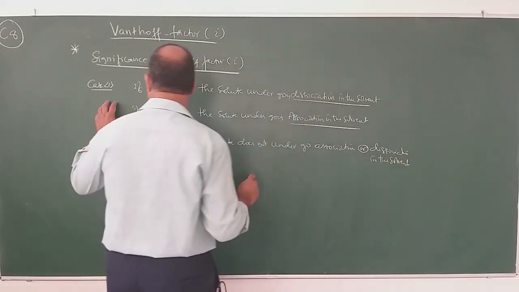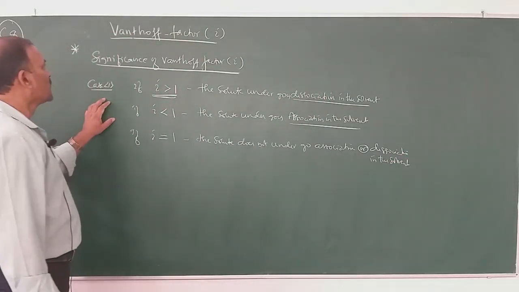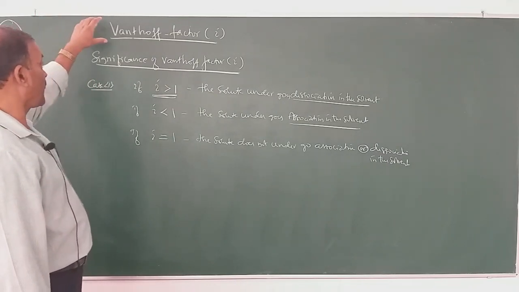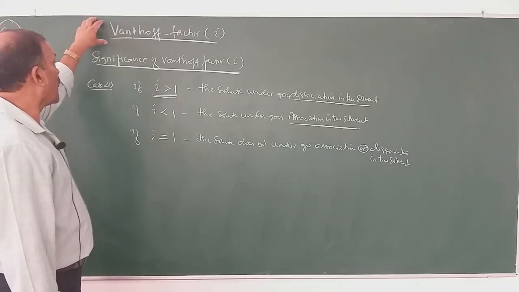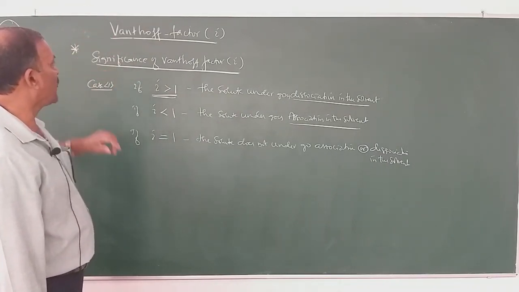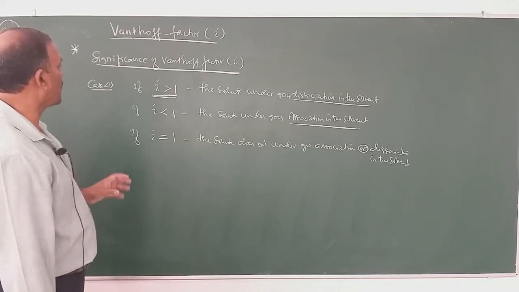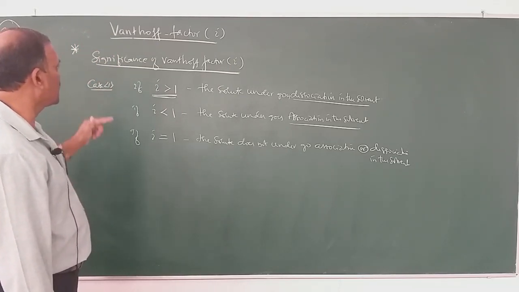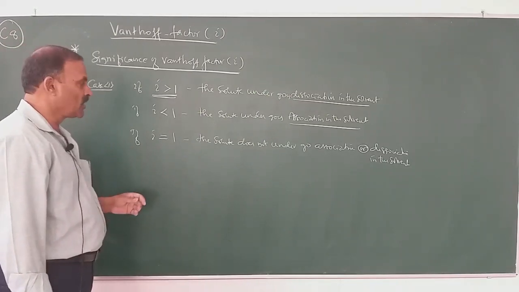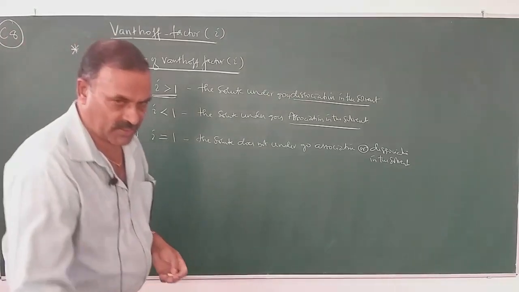So this significance is also very important. The definition of Van 't Hoff factor, what the Van 't Hoff factor accounts for, and then the significance of Van 't Hoff factor. All these are important.